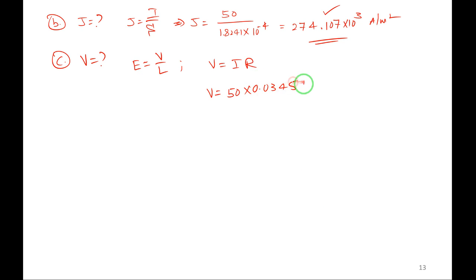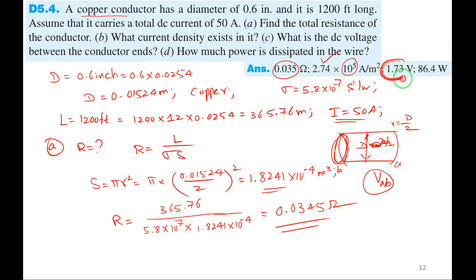Yes, very simple, right? Why we will make our life complicated? 50 into 0.0345. So I am getting it as 1.725 volts, right? 1.725 nothing but 1.73, right?